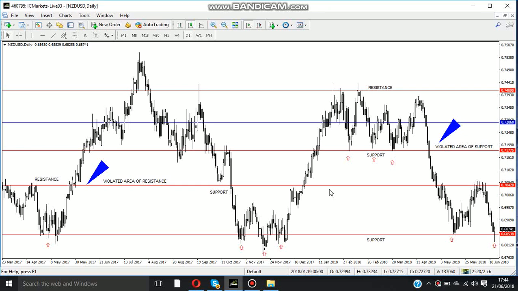Okay, so it's important to know that old resistance can also be used as new support, and vice versa. New support can be used as new resistance, so you can flip it the other way around.